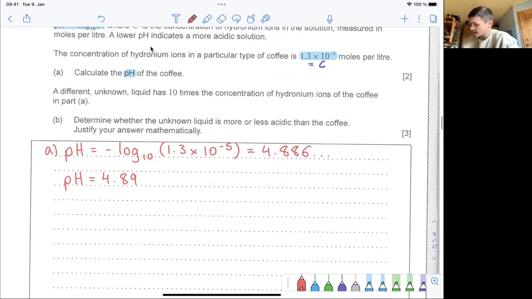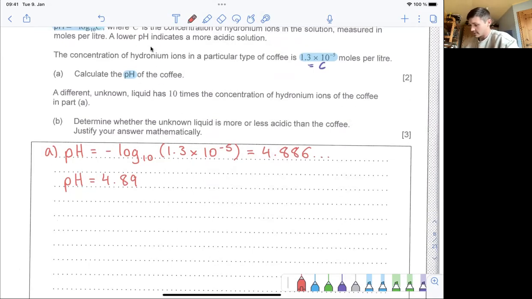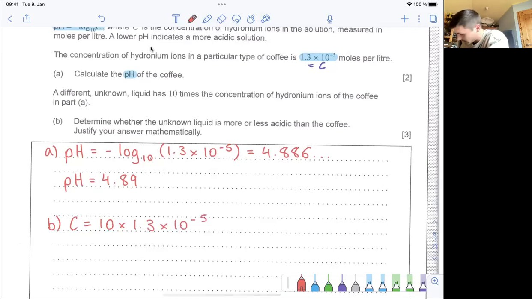All right, so if this unknown liquid has 10 times the number of hydronium ions, what we can simply do is call this our new C. So our new C for our new unknown liquid is equal to 10 times 1.3 times 10 to the power of -5.